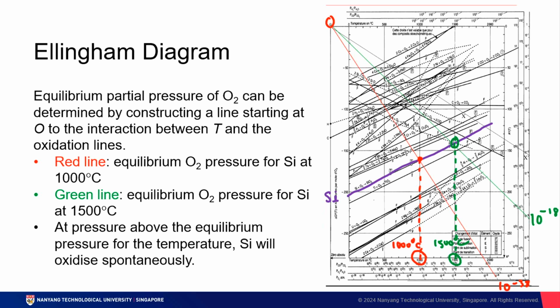And you would know that to get pure silicon, you would have to run the partial pressure of oxygen at less than 10 to the power of negative 18.